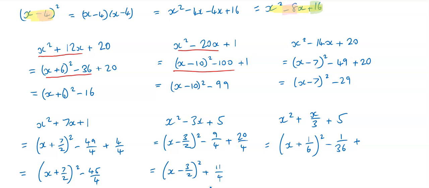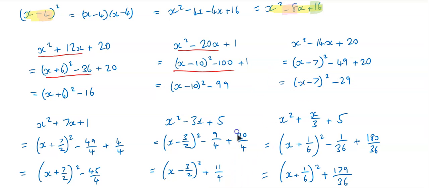That is going to be 5 times 36, 180/36, which simplifies to (x + 1/6)^2 + 179/36. There we go, super fast, super easy.